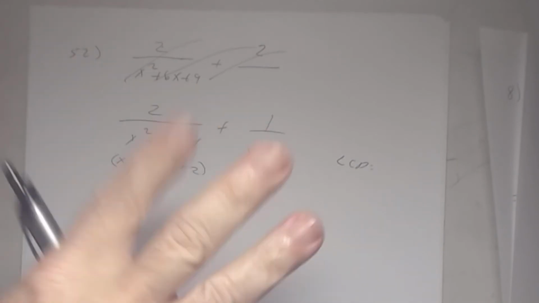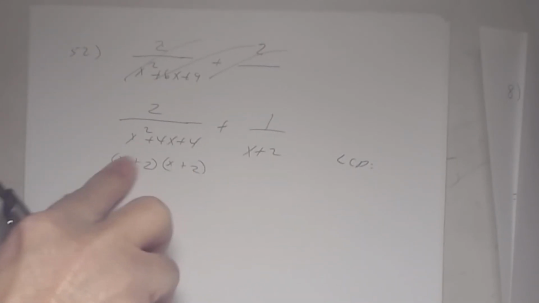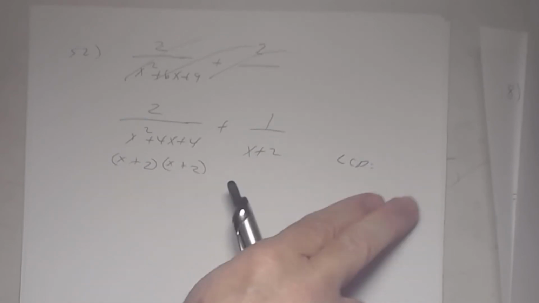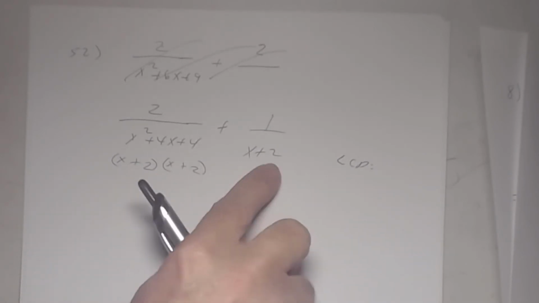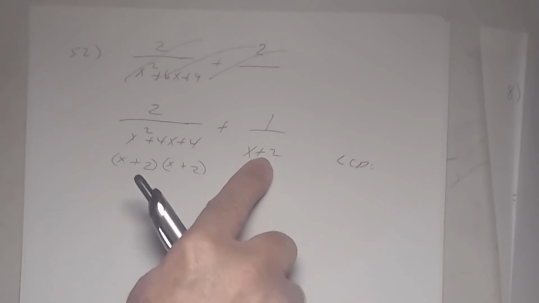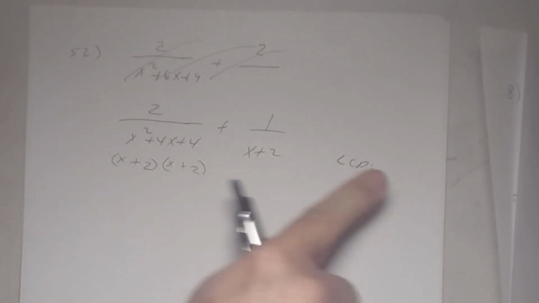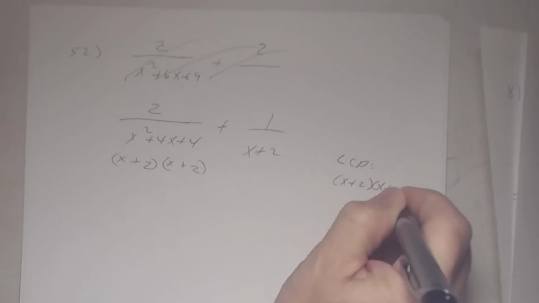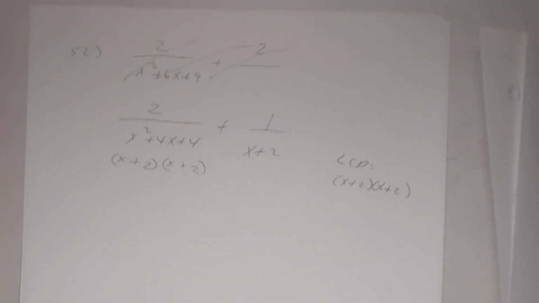If you go through the factors, the first factor you see is x plus 2. How many are in here? 2. How many in here? 1. How many do you need? 2. The next factor you see is the same, x plus 2. How many here? 1. How many here? 2. You need 2. But you can say x plus 2 squared.